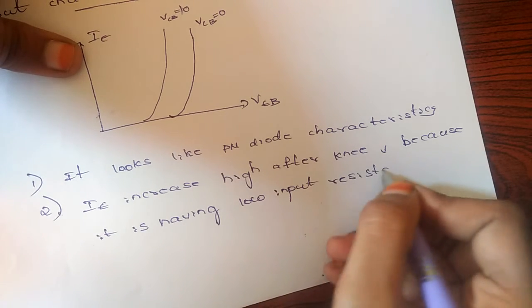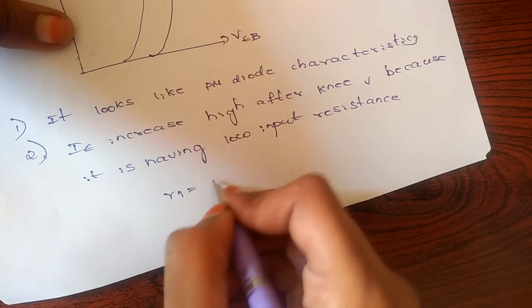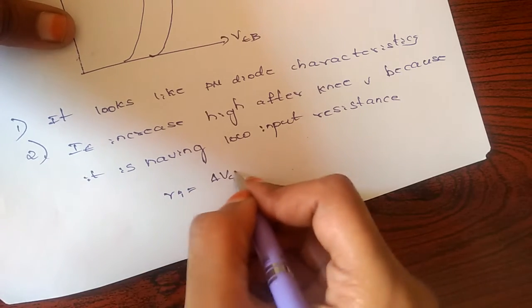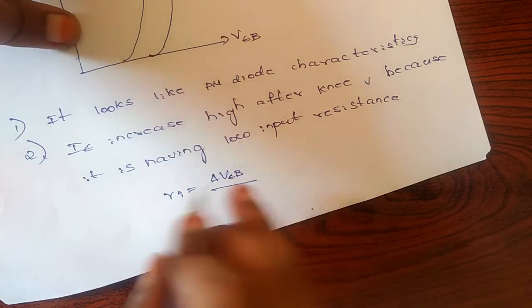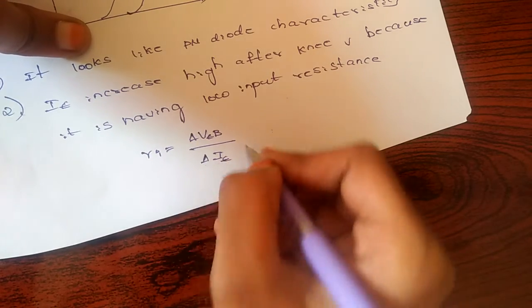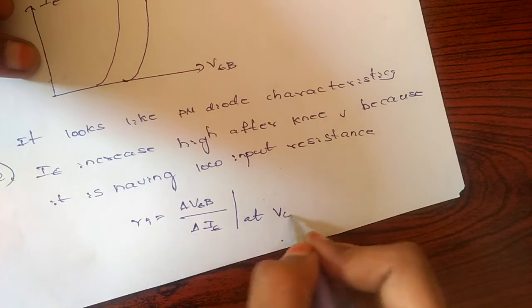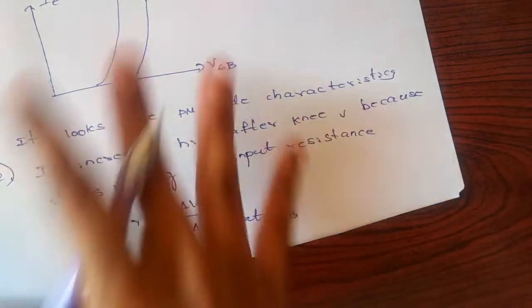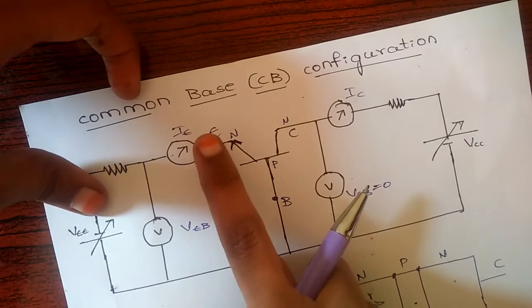How can that resistance be calculated? That resistance is delta VEB by delta IE at constant VCB.